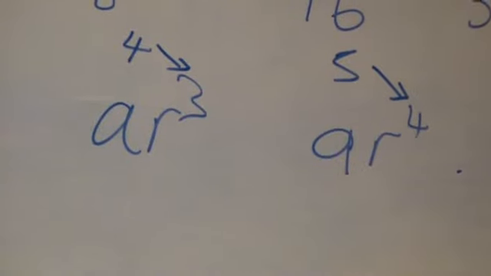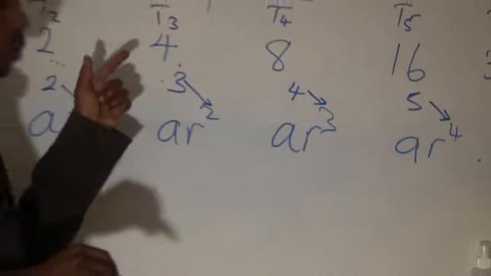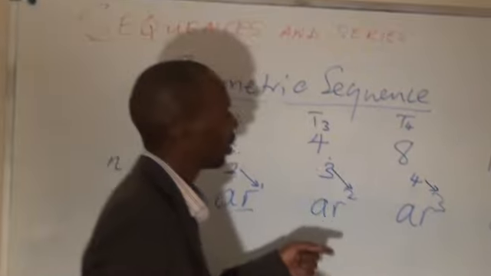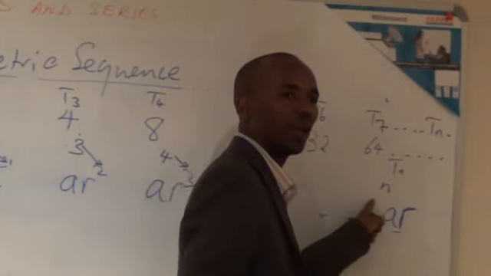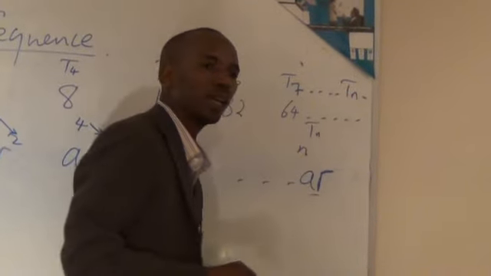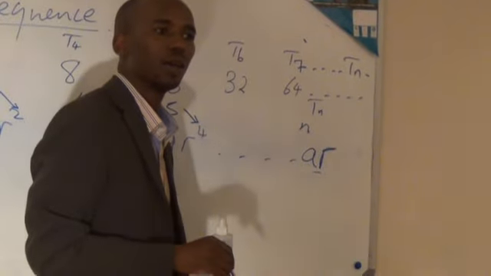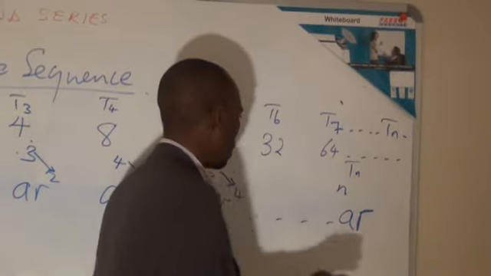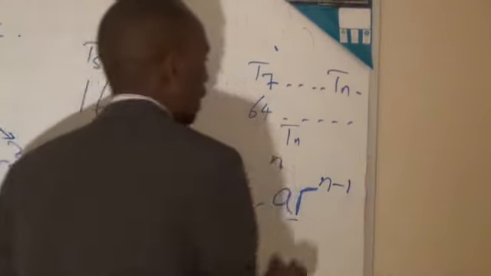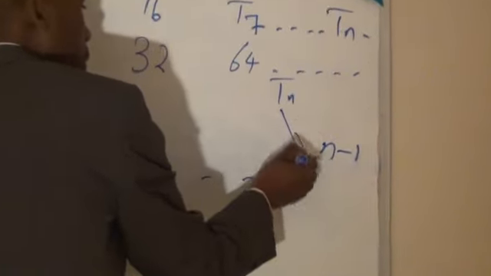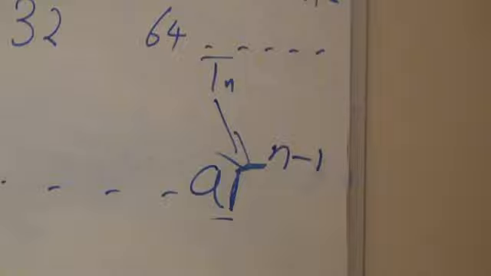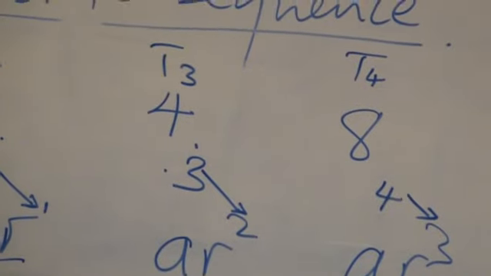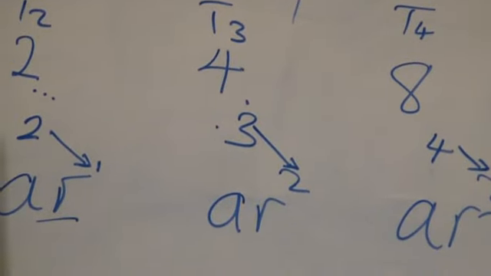So what about when we are having n? What are we supposed to have as a power here? N minus 1. Happy? So what are we saying? The nth term in general is a times r to the power n minus 1. That's easy. We can see that.